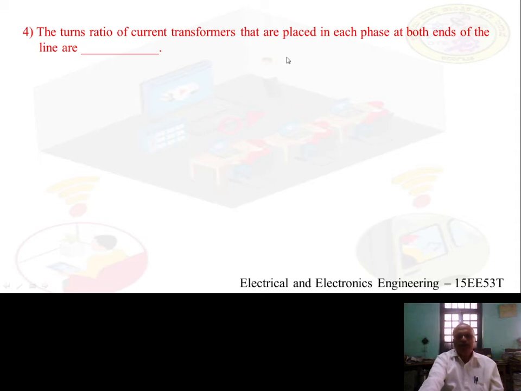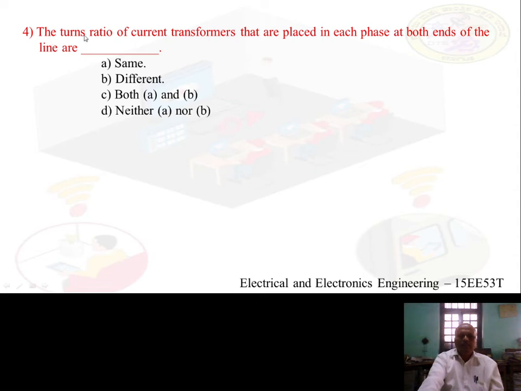Your options are A. Same, B. Different, C. Both A and B, D. Neither A nor B. The turns ratio of current transformers that are placed in each phase at both ends of the line are, it should be same only, it should not be different. Then your answer is A. Same. Question number 5.